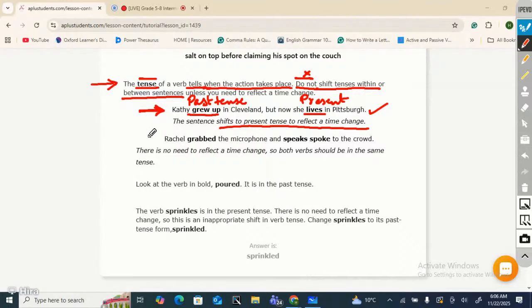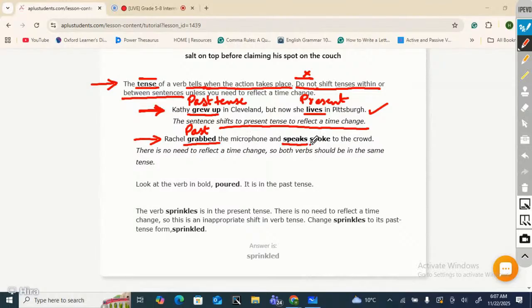But let me tell you one more sentence. Rachel grabbed the microphone and speaks to the crowd. Well, if you use this past tense, she grabbed the microphone, and if you use this present tense, this is not correct. Here, there is no need to reflect a time change.